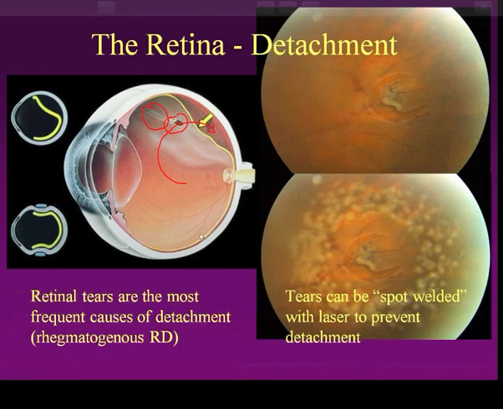So when we see these tears, which are usually manifested by flashing lights and new floaters in the eye, we put a spot weld of laser around them so that fluid cannot gain access. We create an adherent scar around the tear to prevent the retinal detachment.